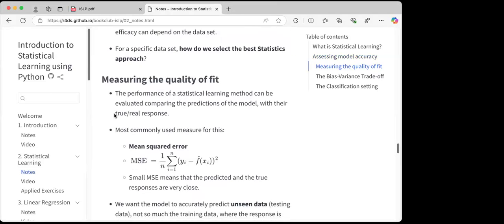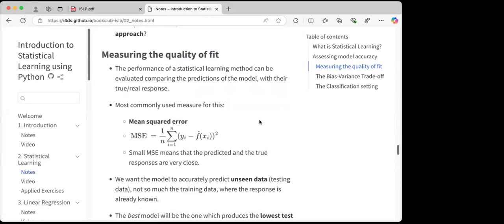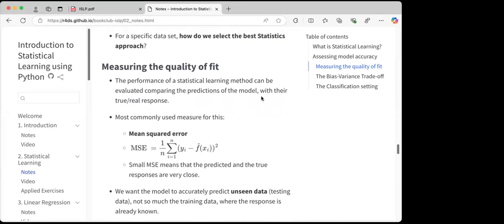But in real life, we don't actually observe the true responses, which makes this exercise very difficult. Later, I think in some chapter, he will discuss cross-validation techniques to deal with this. So the basic challenge is that we don't observe the true response.